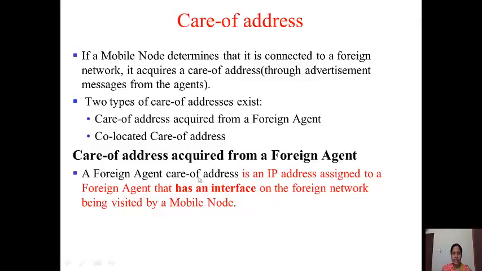A foreign agent care of address is an IP address assigned to a foreign agent that has an interface on the foreign network being visited by the mobile node. So this is very important. Whenever there is an interface available on the foreign network, we call it a foreign agent based care of address, which has been acquired from the foreign agent.